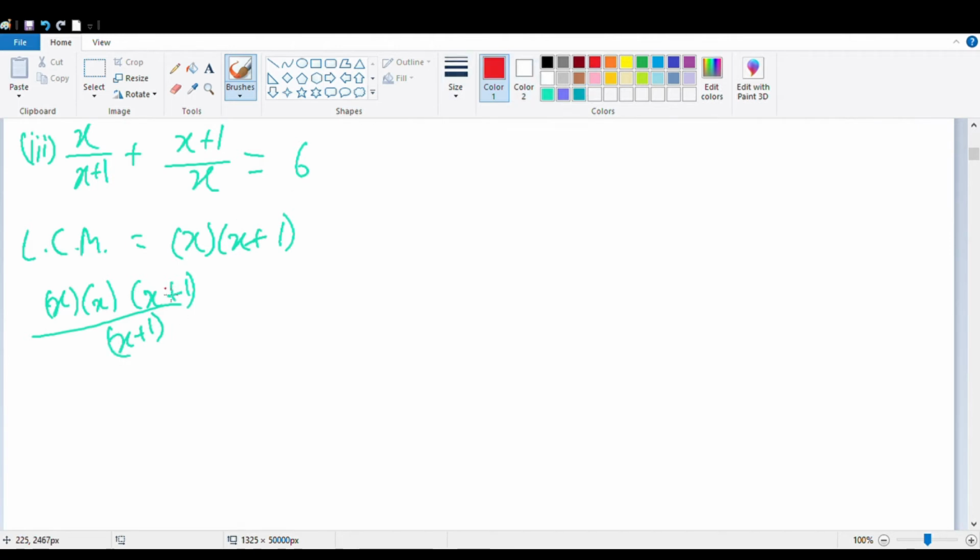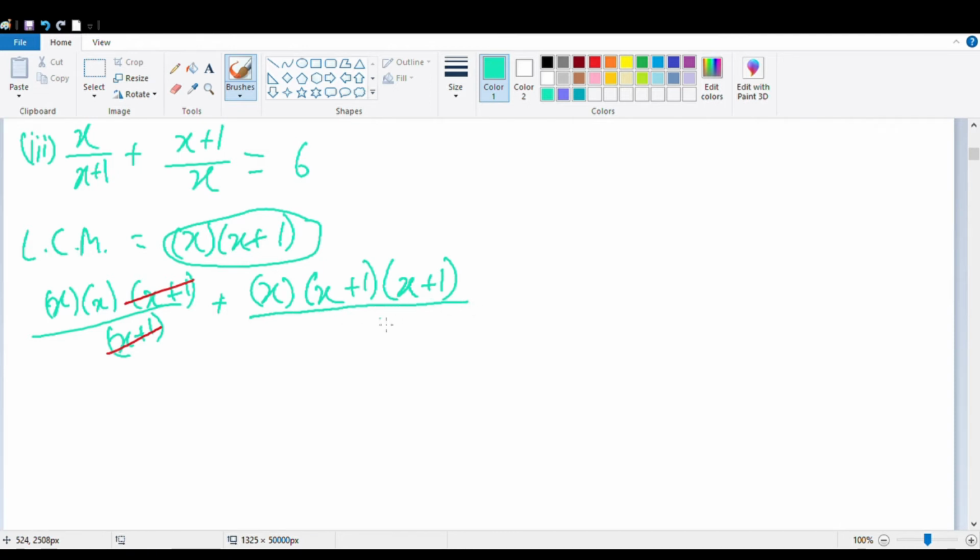So here, as we can see, these two can simply cross out, and it's not really as complicated as having to multiply this, and then we get x squared plus x, and then we unsimplify it. It's just straight up plus x into x plus 1 into x plus 1 divided by x.